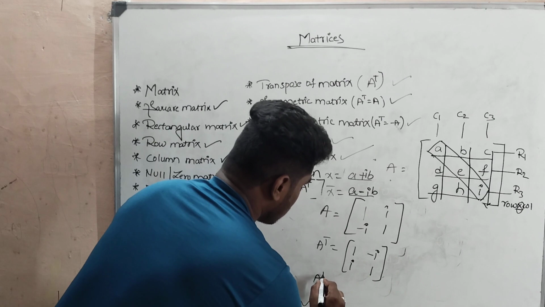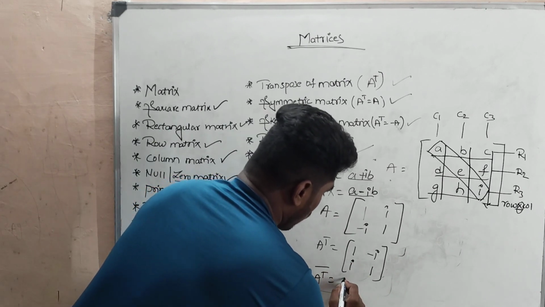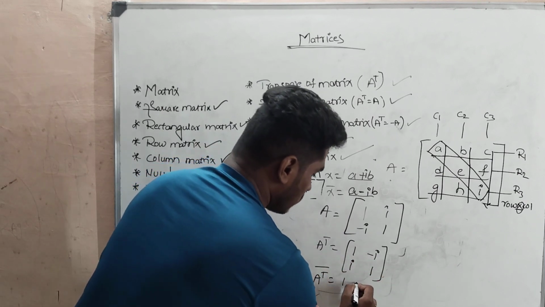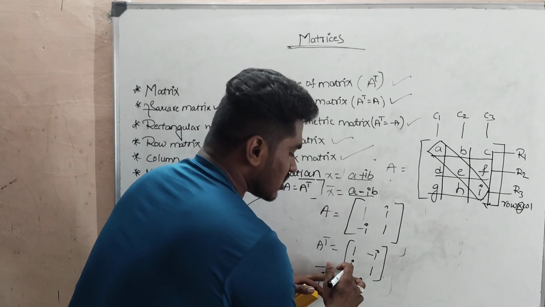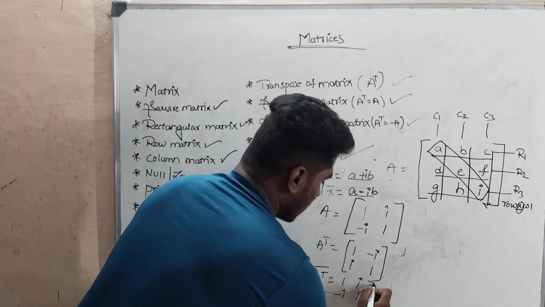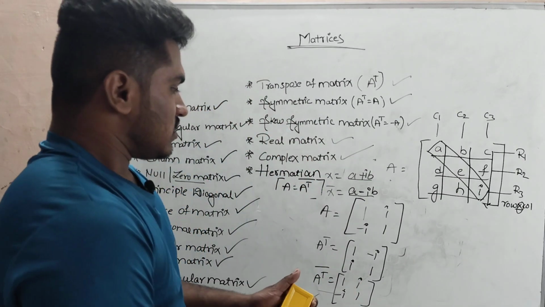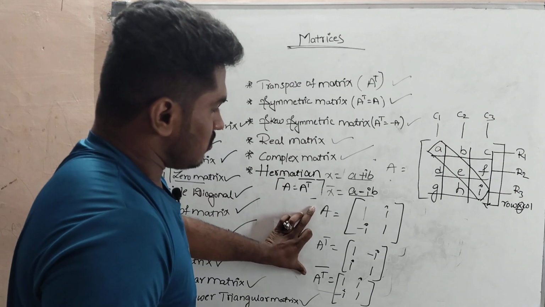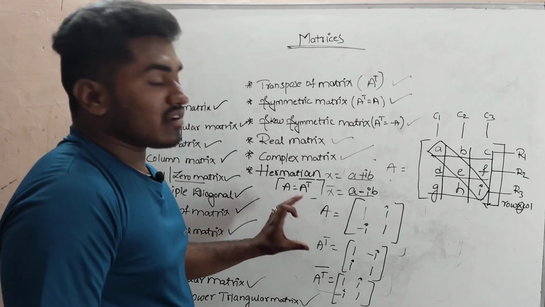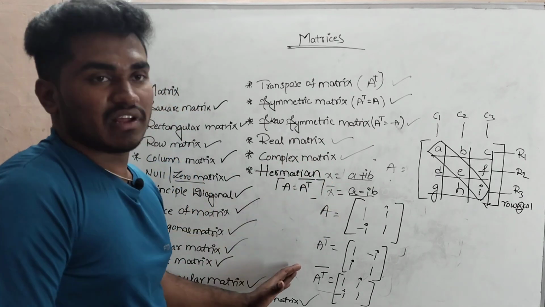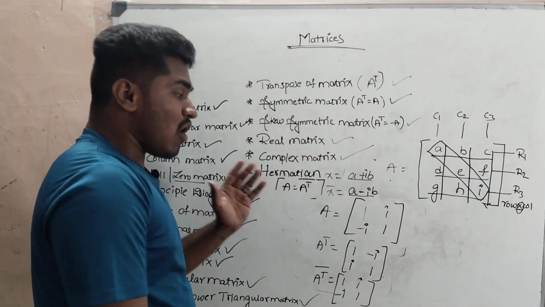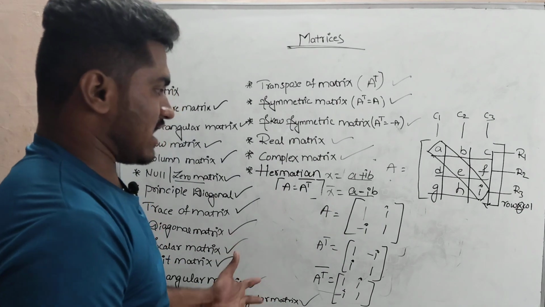So A transpose whole bar equals 1, this minus is converted into positive i, and here positive i is converted into negative, and this 1 remains the same. So what you people observed here: A is equal to A transpose whole bar. So whenever the matrix satisfies this particular condition, in that case the matrix is said to be a Hermitian matrix, or it is also called the conjugate transpose.